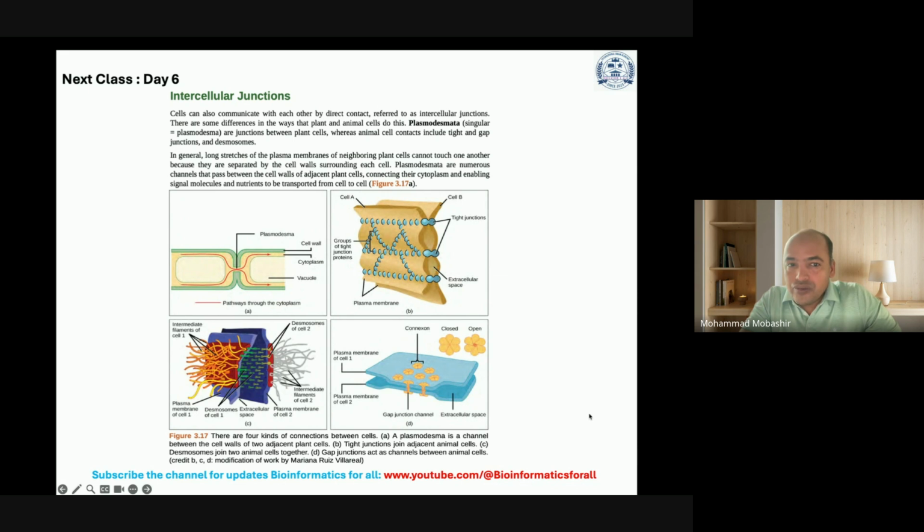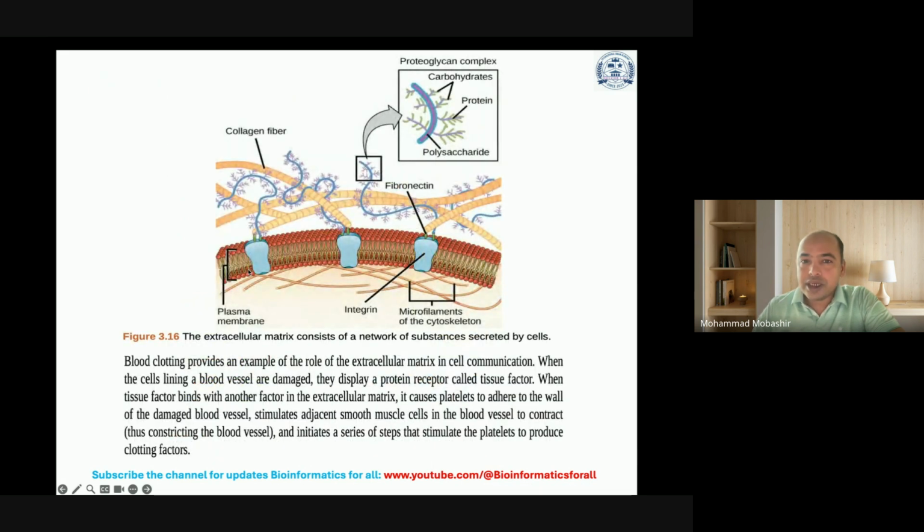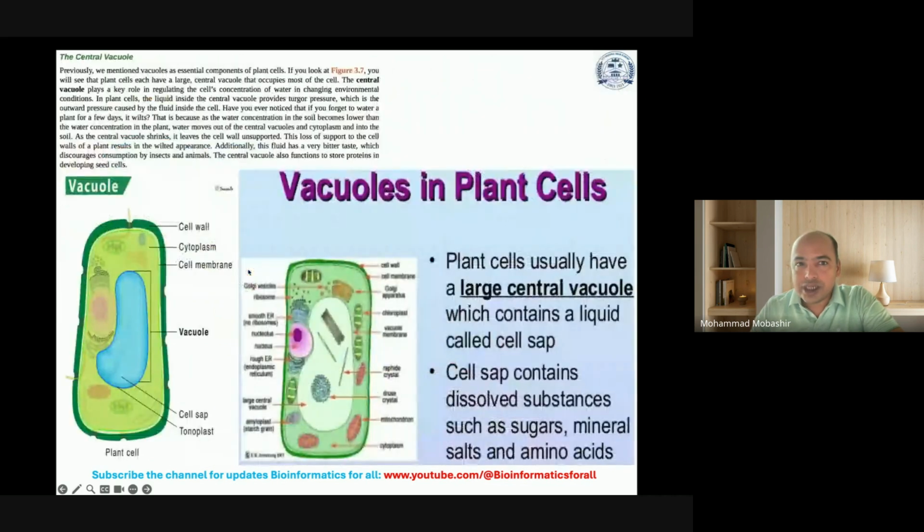First, pathways through the cytoplasm, and here this is plasmodesmata. Then cell wall, cytoplasm, vacuole, as you can see, and you are aware of vacuoles. And this red color pathway is for cellular communication, also called intercellular communication.